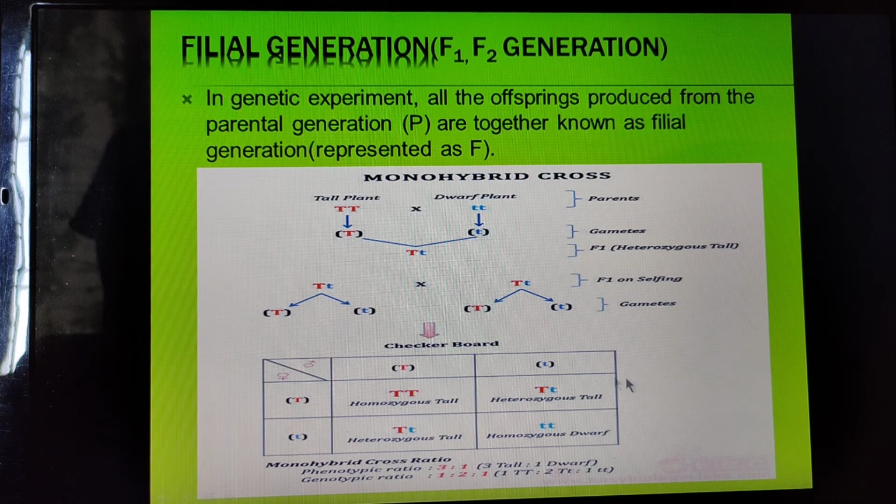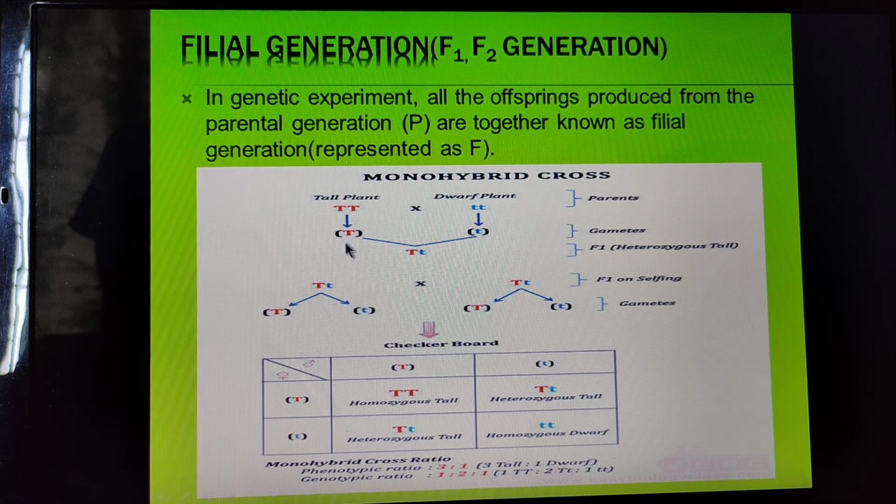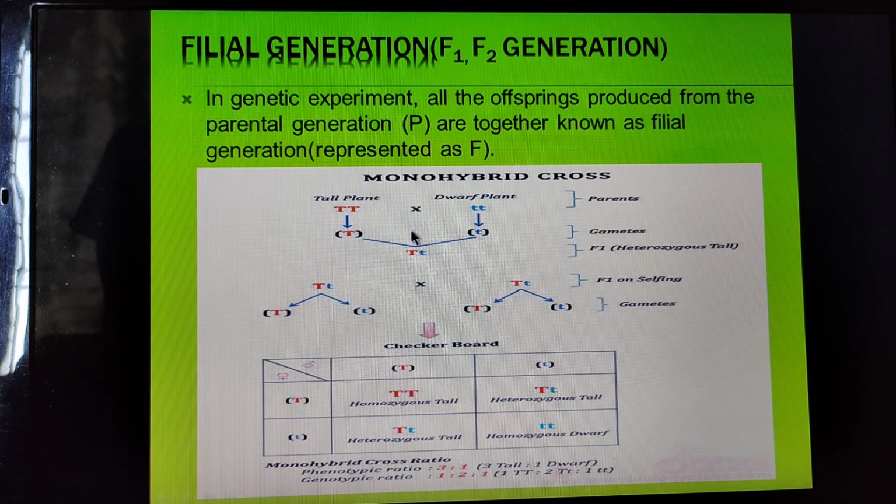So, capital T and small t: the capital T allele is for the tall pea plant, and the small t allele is for the dwarf pea plant. The alleles are put here in this table.